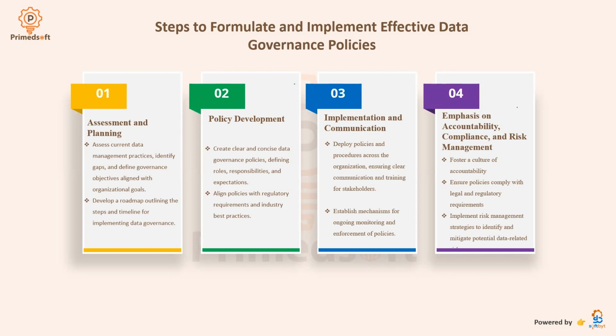First, you need to assess current data management practices in the organization. You need to identify gaps. You can use gap analysis to identify gaps. You need to define governance objectives aligned with organizational goals. And then you need to develop a roadmap outlining the steps and timelines for implementing data governance.